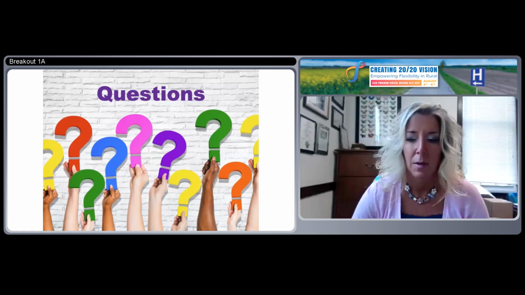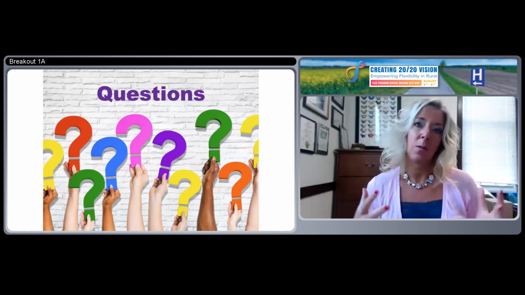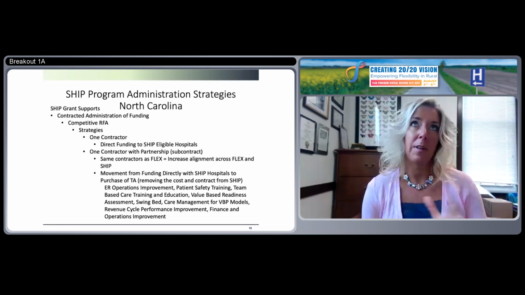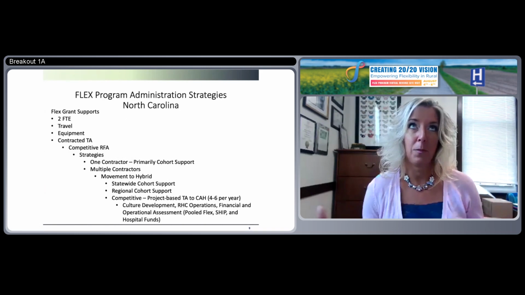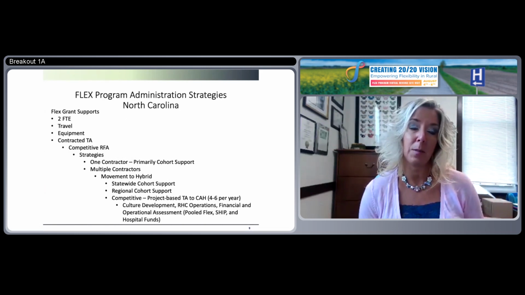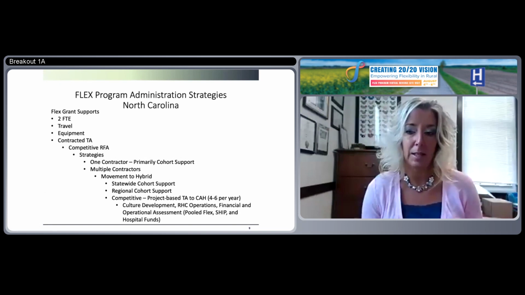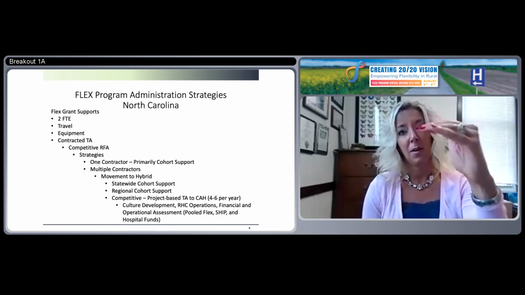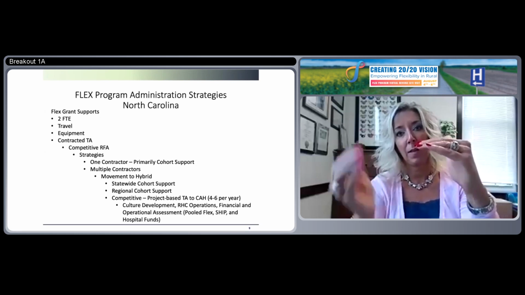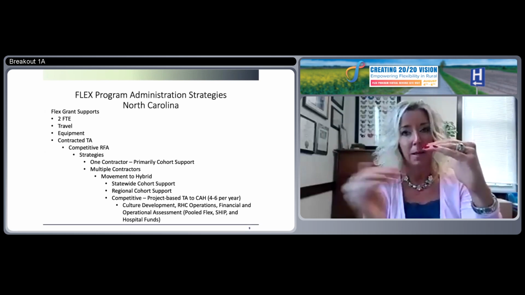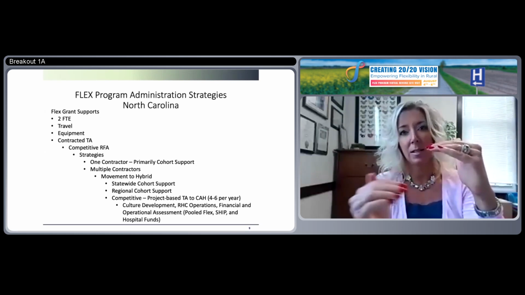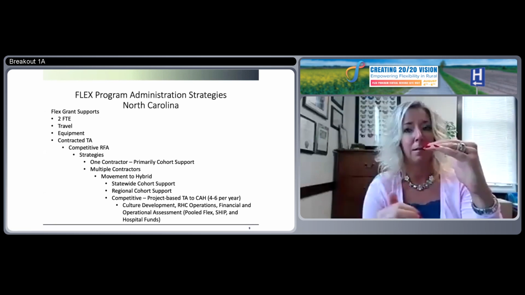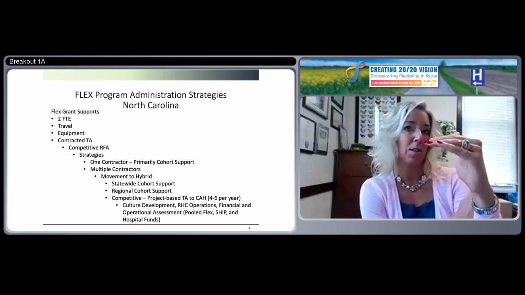Okay, so just to be clear, with Flex and SHIP, we're pooling them as much as possible. So with Flex, the money is supporting all of the critical access hospitals, and with Flex we've got multiple tiers. Everybody participates in the group work, and then we have regional work, and that might be 5 or 6 calls this month, and then 2 months from now it might be 5 or 6 different calls.